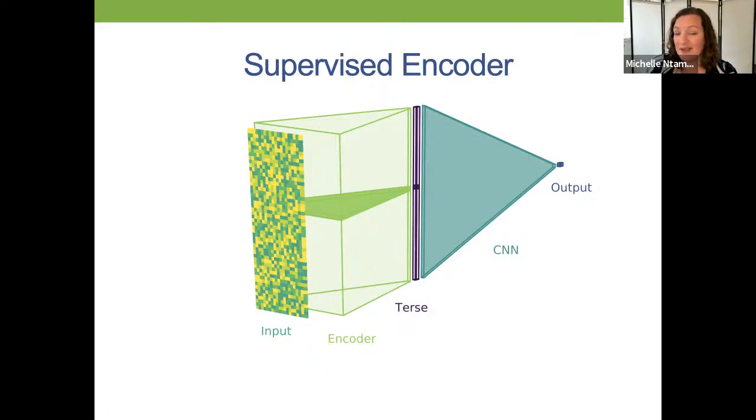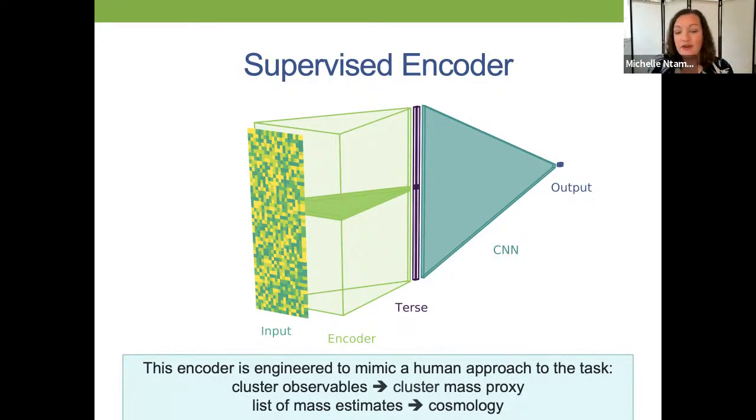The other reason why this is a really nice architecture to use, in addition to the fact that it follows the way a human would do it, is that it also has this checkpoint at the middle. I said I would build a mass proxy, and so we have this midpoint checkpoint, this kind of mass proxy that we can explore. So big idea here, this encoder is engineered to mimic a human approach to the task. It takes cluster observables and turns them into a mass proxy. It takes that list of mass estimates, and it estimates a cosmology.